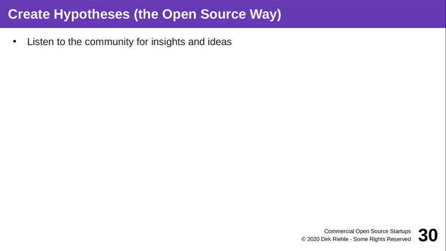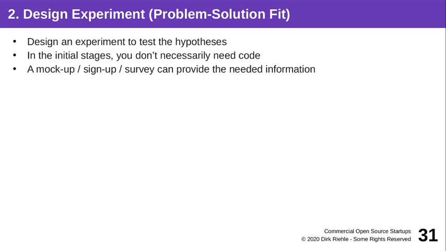And you communicate with them to learn how they feel about it, what they think is missing, what works, what doesn't. So again, open source and commercial open source enhances established business functions by new ways of doing business. Here, working with and listening to the open source community.